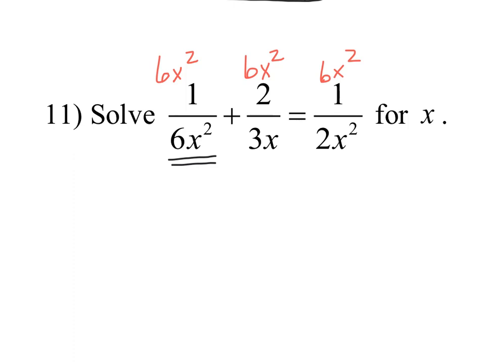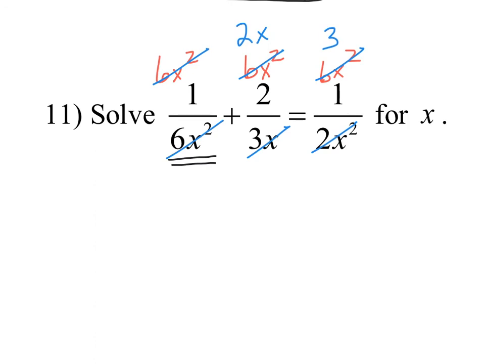So the first one reduces out. So 6x squared over 6x squared is 1. And then here we're going to reduce this by 3x. So this is going to reduce down to 2x. And this 2x squared will reduce down to a 3.